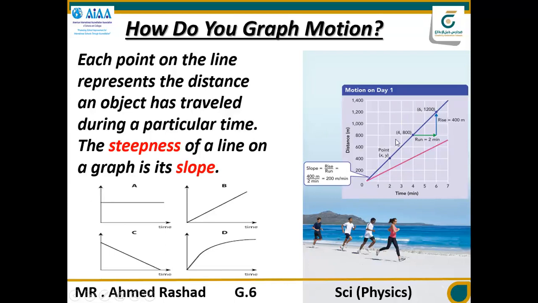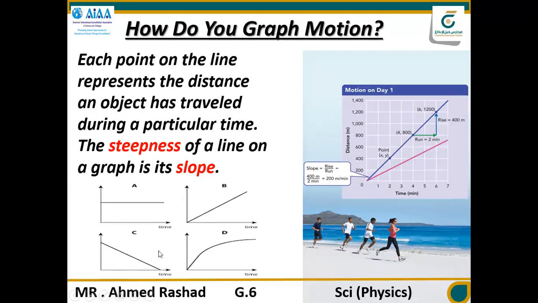Now, what is the meaning of steepness? The steepness of a line on a graph is its slope. Steepness is the rate of change between the two variables, like distance and time. That's what we mean by slope.